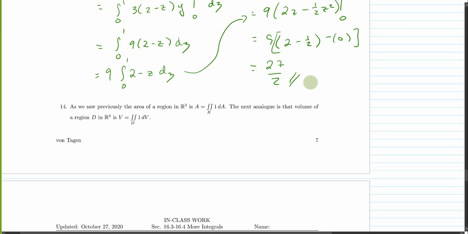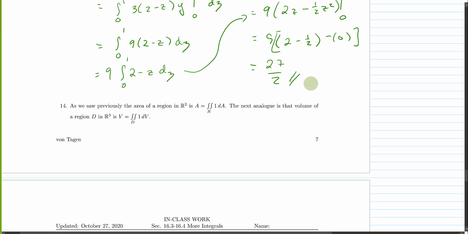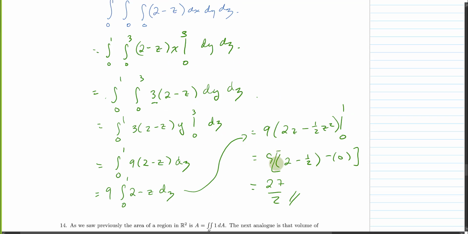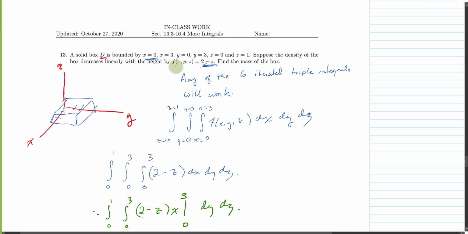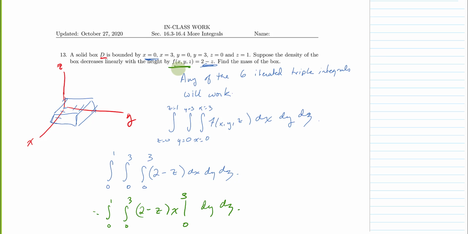Okay. Now, when we're integrating over an actual f of x, y, z that is some function other than 1, I think it's very hard to imagine what's going on here.